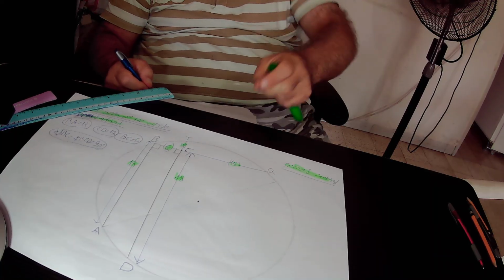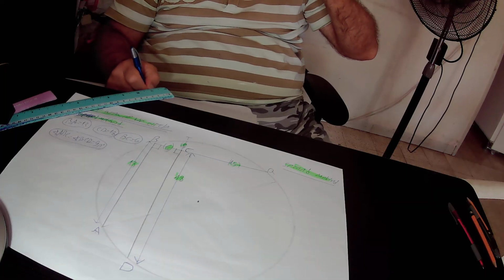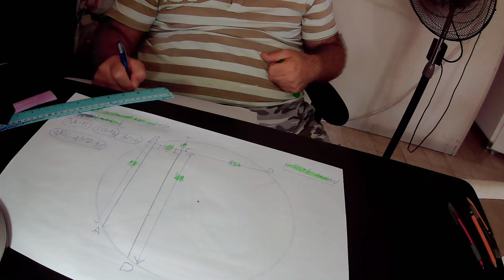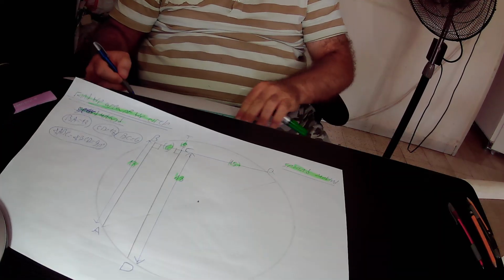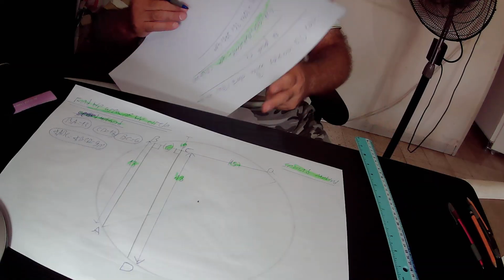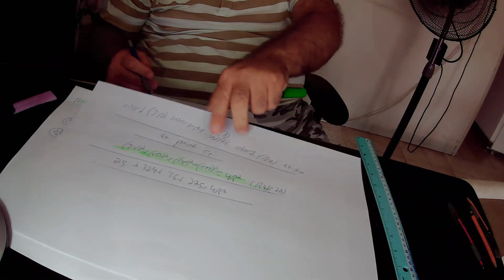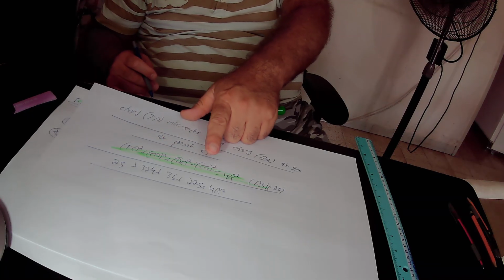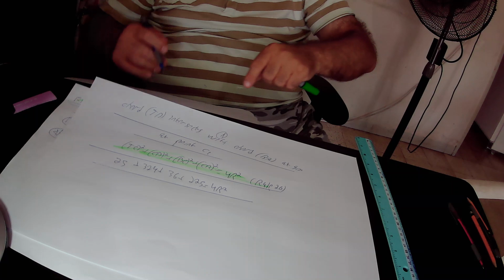CQ is 15, therefore CQ square is 15 squared, this is 225, and it is equal to 4R square. So we found out that 25 plus 324 plus 36 plus 225 equals 4R square.